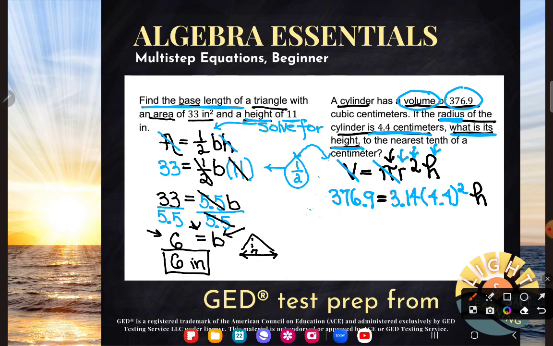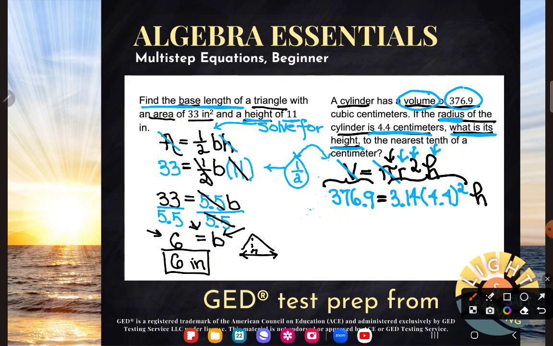Now, this might look gross to you, but like we've been talking about, we can make it simpler before we even start solving. Now, of course, there's nothing to do on the left-hand side, right? It's just a single number over here, 376.9. Not really going to be able to make that simpler. But I sure can do all the math here for that number that's multiplying with H. That whole thing is shoved against H. That whole thing is multiplying it.